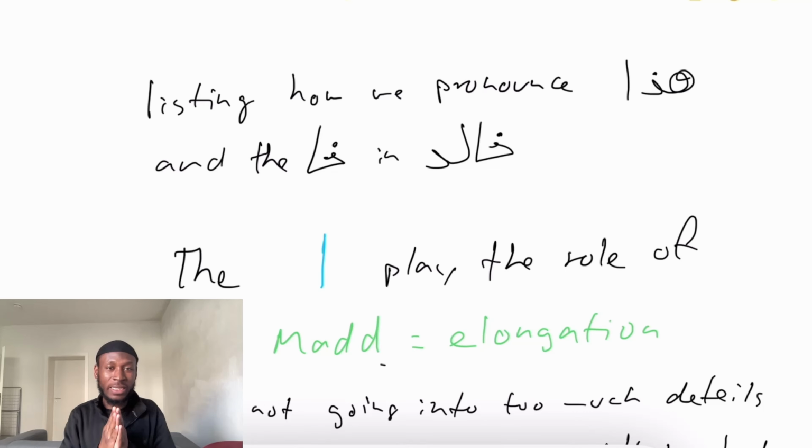The first request is for all three letters of mud. The first letter of mud that we are looking at is alif, and whenever we see the other letters, we will explain them also.